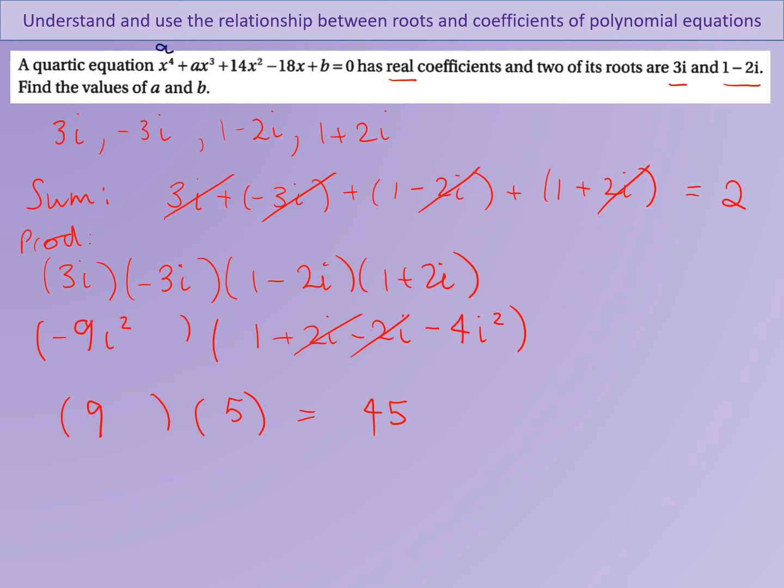So we would have A, B, C, D and E as the coefficients of that quartic, and so the sum would be equal to minus B over A, and the product would be equal to E over A. So if we use those two, the minus B from the quartic equation, that is an A in the question, and the value of A here is 1, so 2 is equal to minus A, so A must be equal to minus 2.